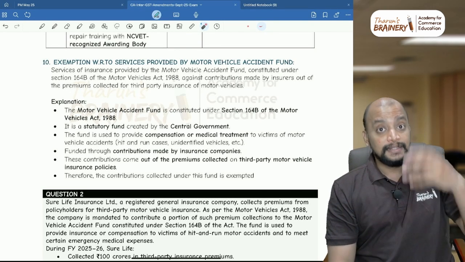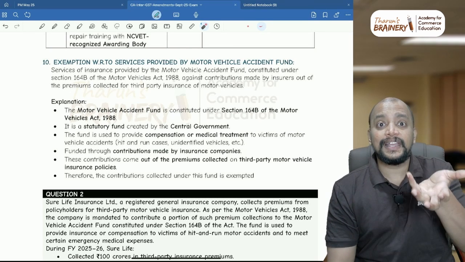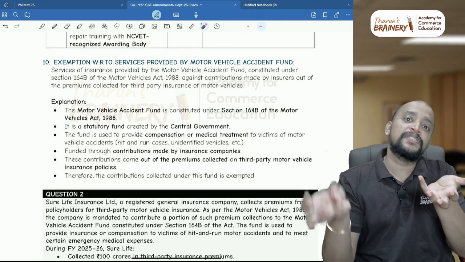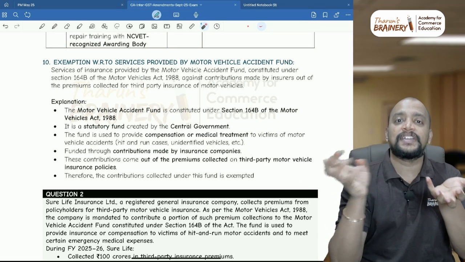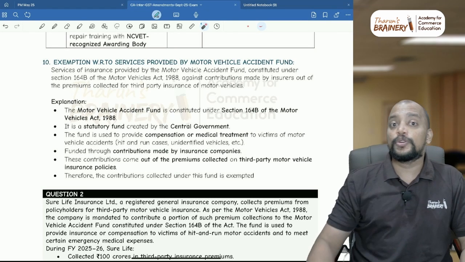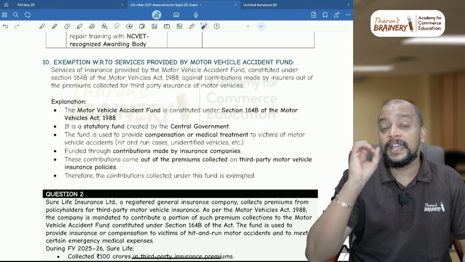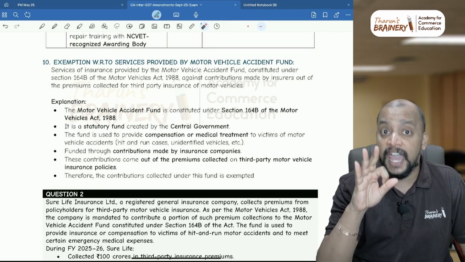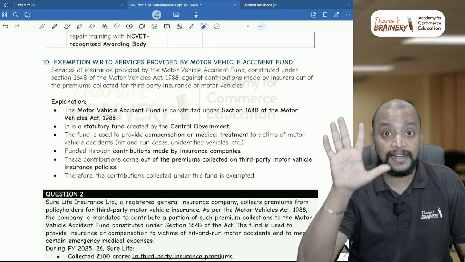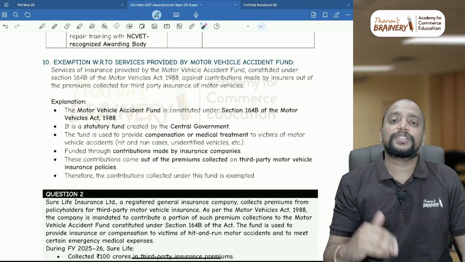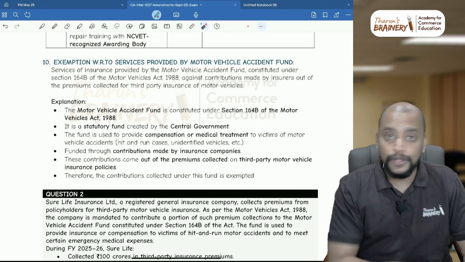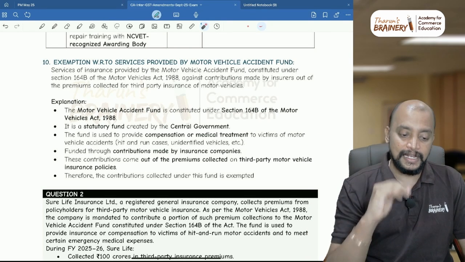Now, this motor vehicle insurance fund is like a group insurance fund, to which all the insurance companies will be contributing. Generally, some group insurance funds are exempted. What are they? Army, Navy, Air Force, Coastal Guard, Central Armed Police Forces. Along with that, the motor vehicle insurance fund is also exempted. Okay, say this.